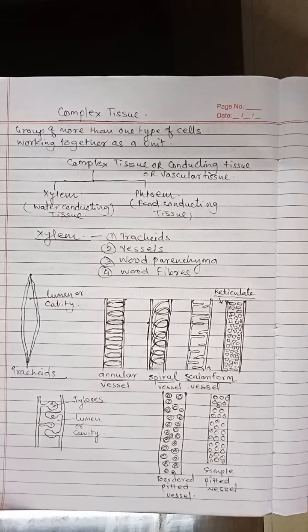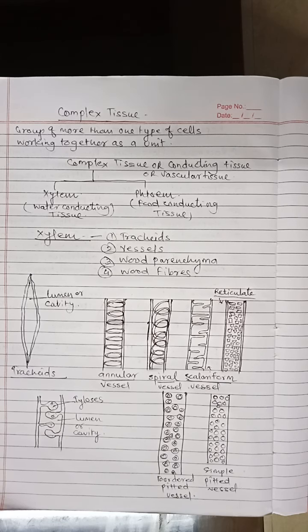Functions of the tracheids: they serve for storage of water, slow conduction of water, and mechanical support to the plant.